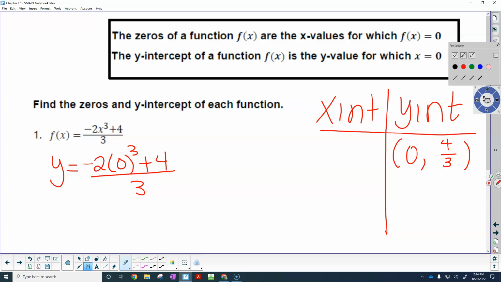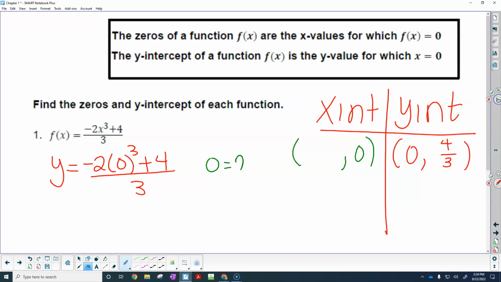Hang on a moment. So, for the x-intercept, the y value is 0. So this time, 0 is going to equal negative 2x to the third plus 4 over 3. Now we're focused on finding the x-intercepts.